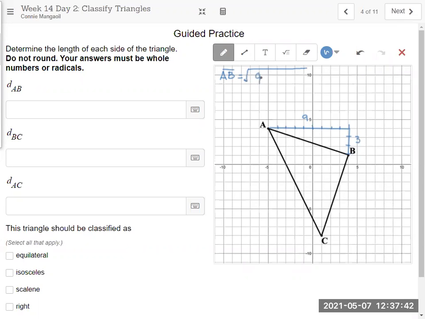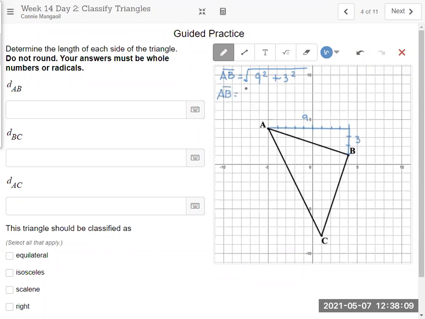So you have 9 squared plus 3 squared. You need to know where we got the 9 and where we got the 3. We got this by counting the number of spaces on each side.